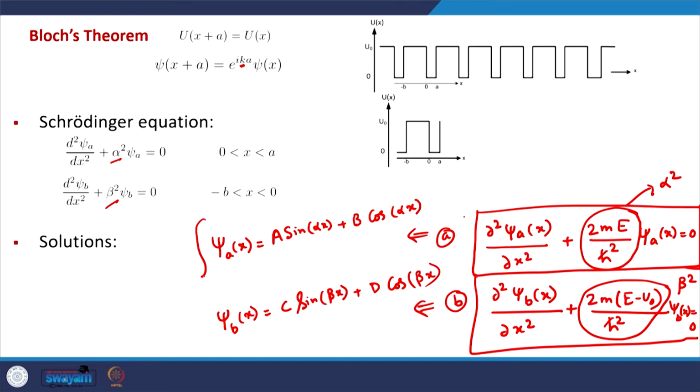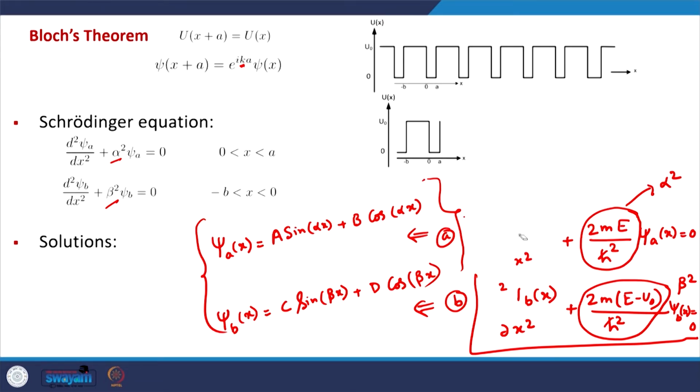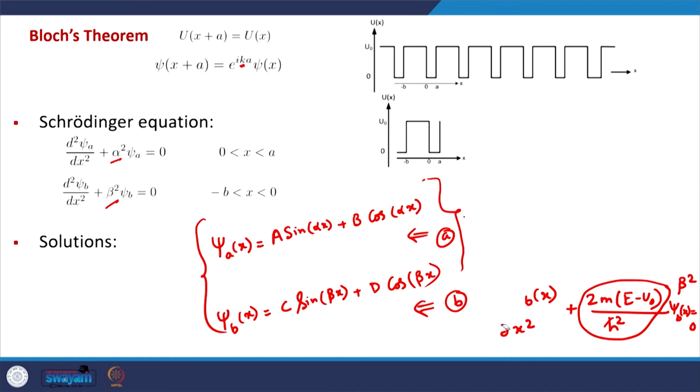So these two are the solutions of the Schrodinger equation in regime A and regime B respectively. As you can see, there are 4 unknowns here, and in order to precisely find the values of these unknowns, we need to use boundary conditions, as we did in the particle in a box case.